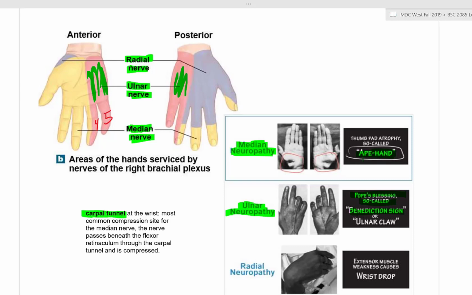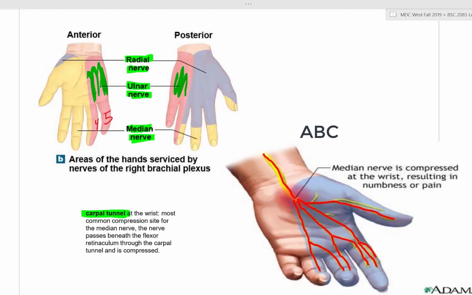Now, what is carpal tunnel syndrome? Have you ever had carpal tunnel syndrome before? Yes, you have. Probably you have. So if you use a keyboard or a mouse for a long period of time, right, what happens? The actual position of the hand, hyperextension of your hands, right, so you have flexion, extension, and hyperextension of the wrist. When you do that, that compresses the median nerve.